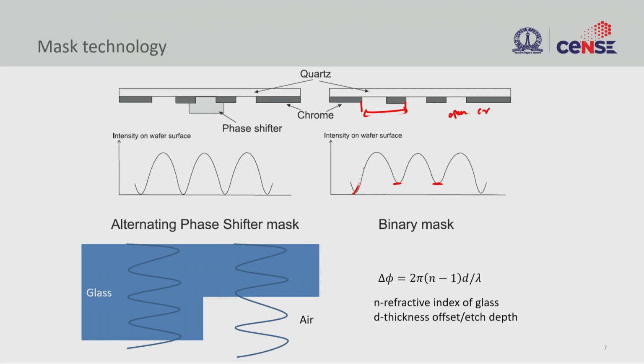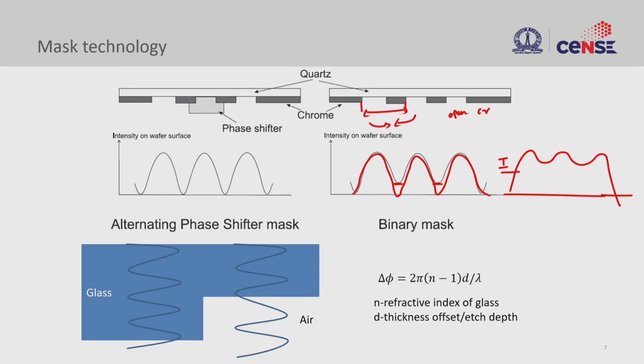Ideally you want something like this, where the interference pattern should be 0, but you won't be able to get 0 when the pitch is very small, because you have interference from the adjacent opening. And if it is very severe, you will have something like this. If my intensity threshold for development of the photoresist is somewhere here, I won't be able to reproduce this. This will almost look like a pattern like this, so I am unable to reproduce it.